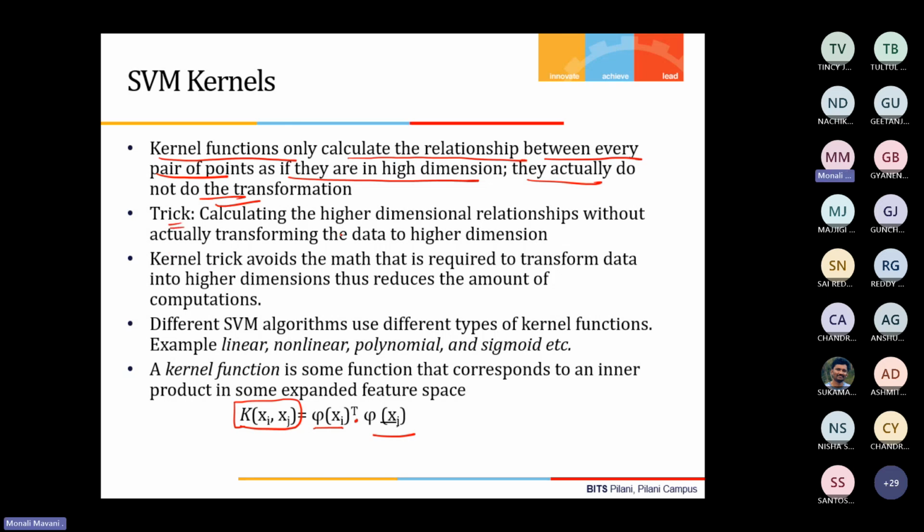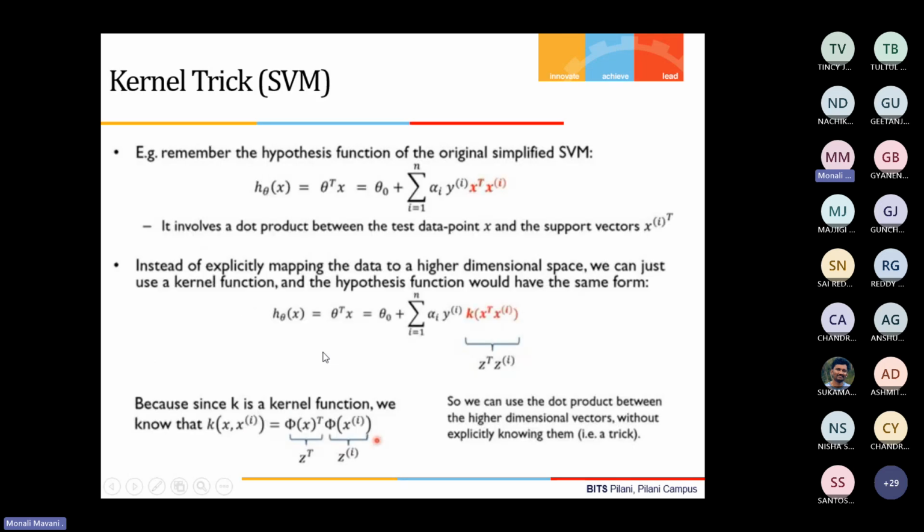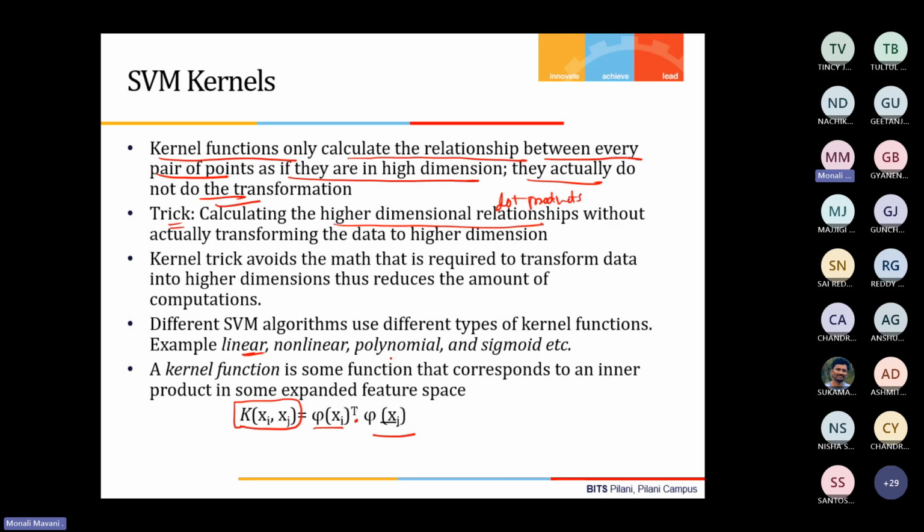So the trick is to calculate this high dimensional relationship, which is nothing but a dot product, without actually transforming the data to higher dimension. There are many such mathematical functions available, and depending upon which we use, we call it a linear kernel, polynomial kernel, sigmoid kernel, etc. A huge set of functions can be used as a kernel function.